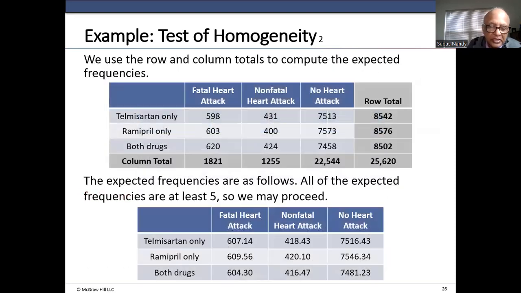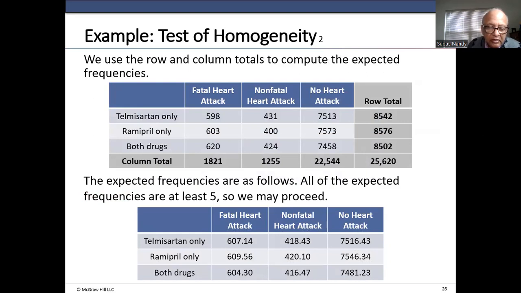So we will do a chi-square test. So stat, test, and scroll down to chi-square test, which is C. Charlie is the chi-square test.